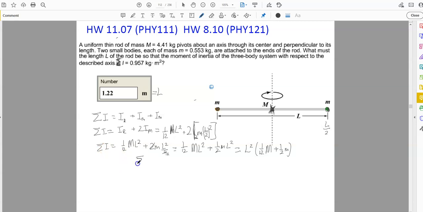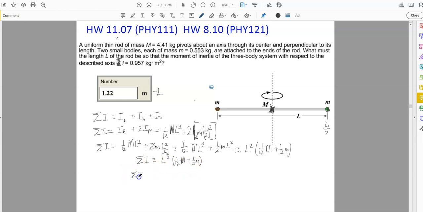What essentially this is saying is the total moment of inertia is equal to L squared times 1/12 capital M plus 1/2 lowercase m. Right? You can divide both sides by that total.